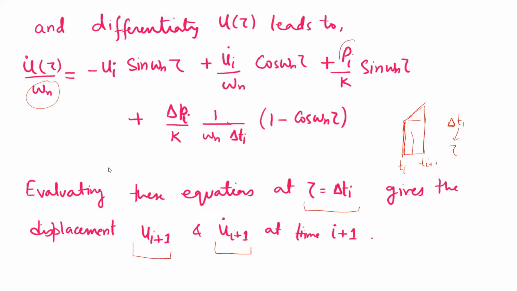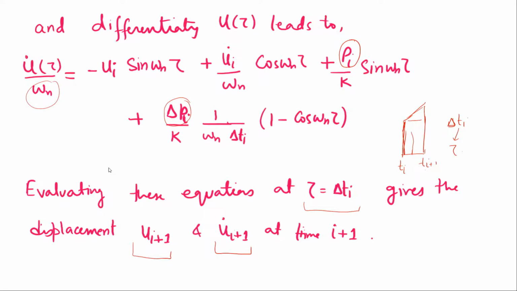We also know pi and del pi, that is the load applied, because it is nothing but ground acceleration. So at all the different discretized nodes we have that value, so it is known to us. And ui and u dot i are the initial conditions, which we know. So we can find this u dot tau.